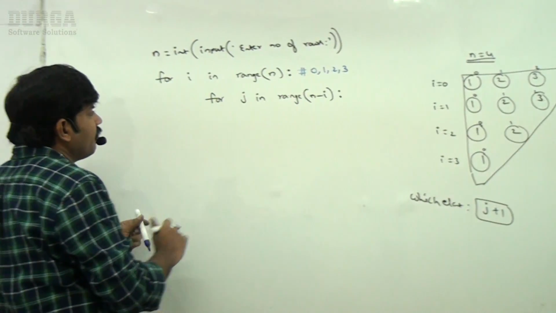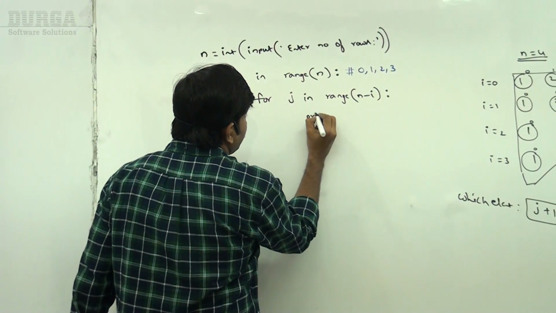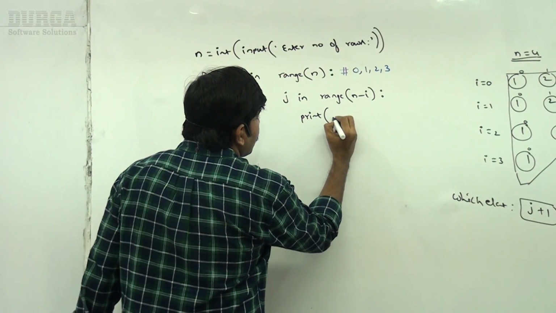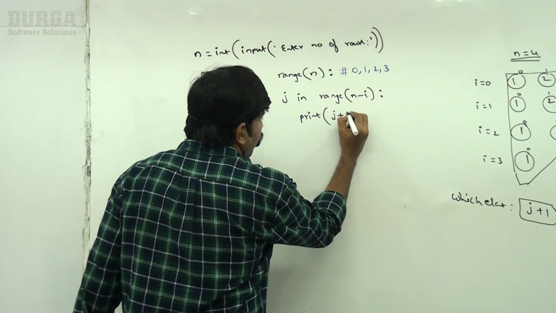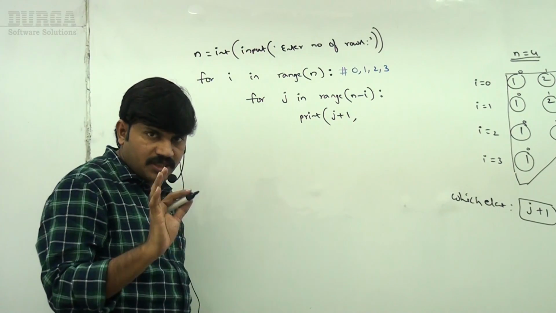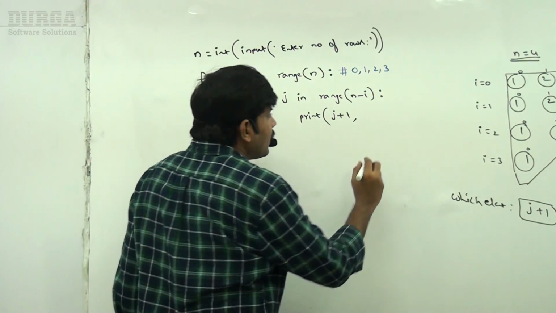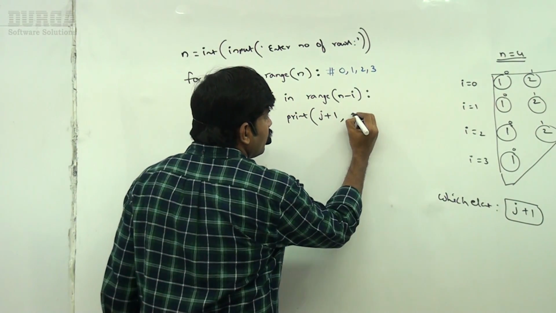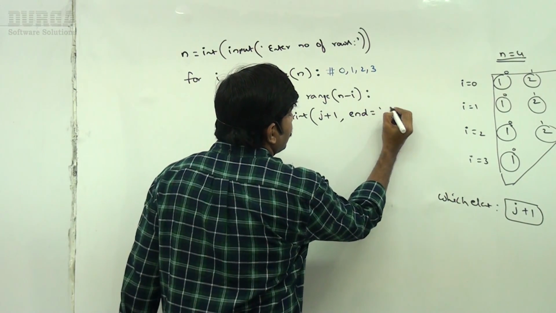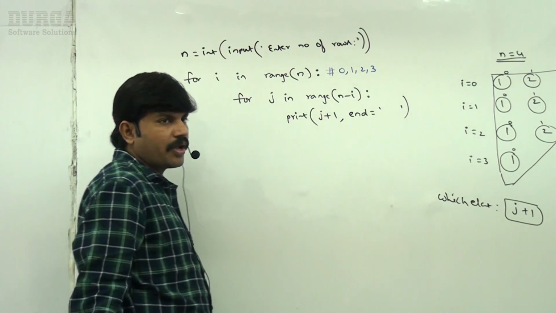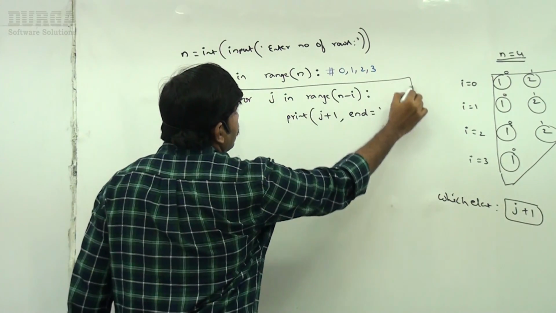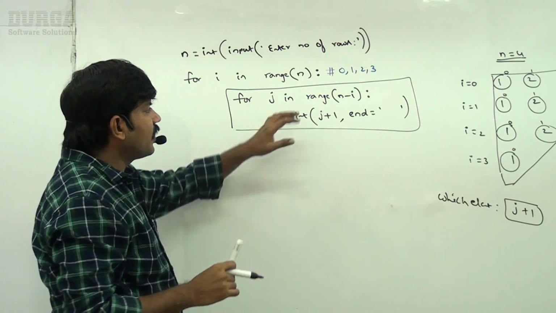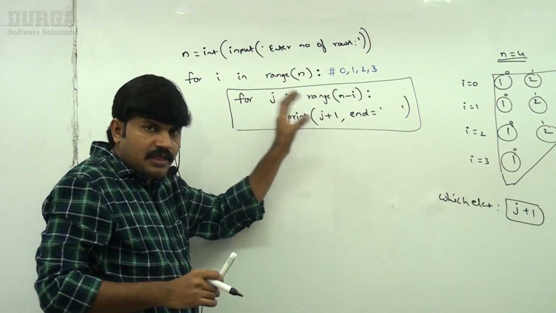Now, observe very carefully. Print j plus 1. I have to print j plus 1. Sir, and don't go for next line. You want a space, so end is equal to space. Okay. So, this one talks about number of elements in every row, to print elements in a row.